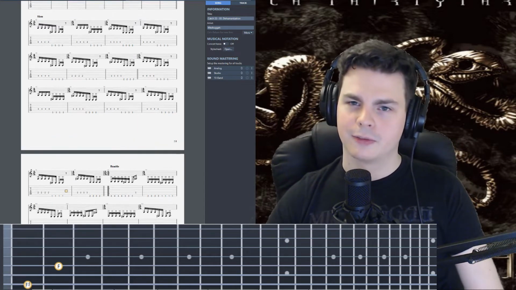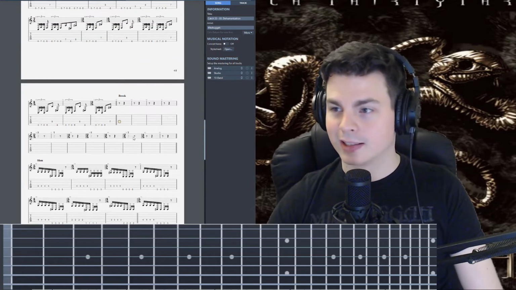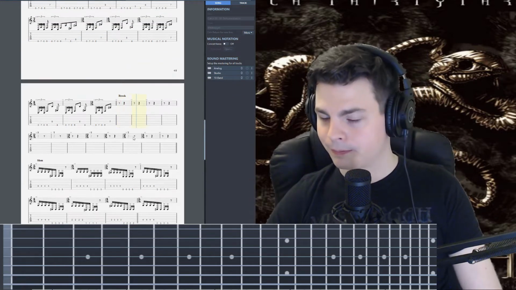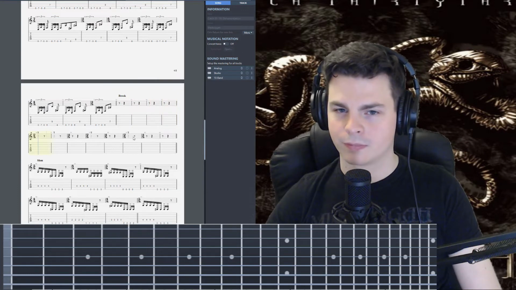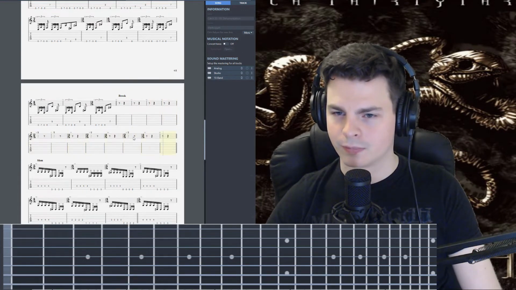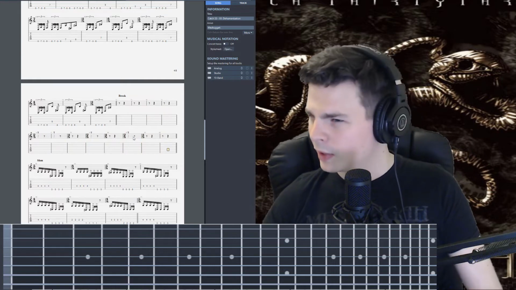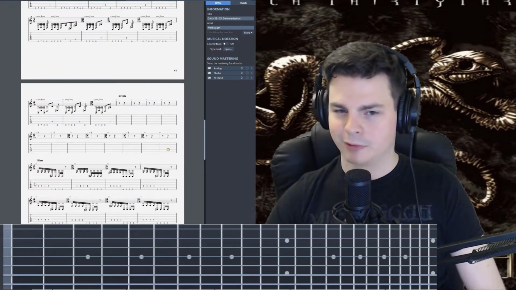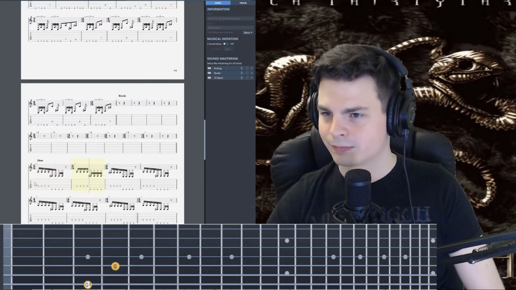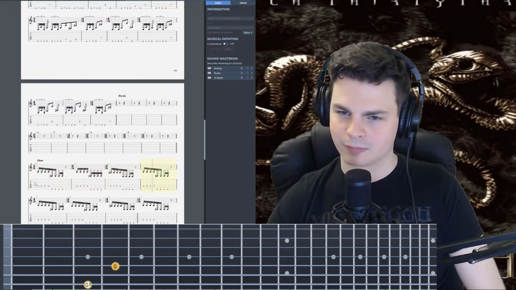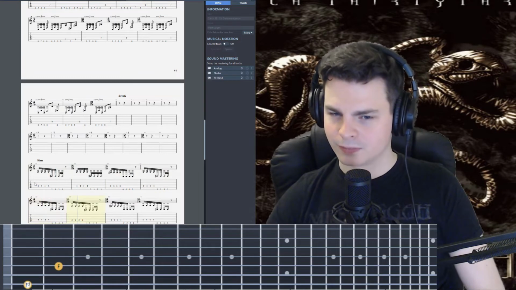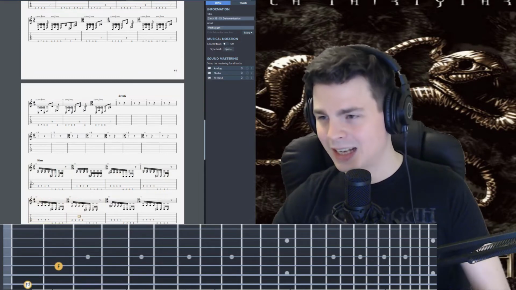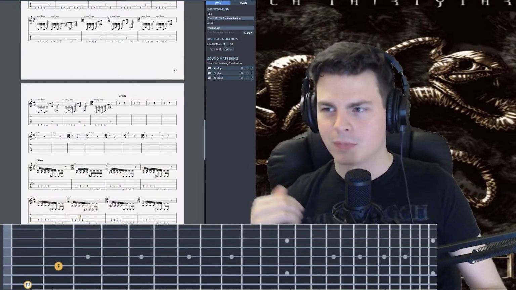So for example, if you listen to this layer part, that's quite complicated, but it matches the rhythm of the riff. So you can see that syncs up, and that makes it much easier to follow.